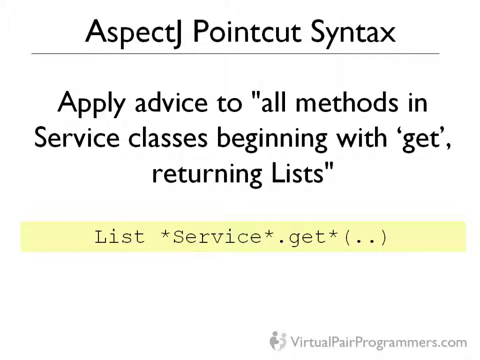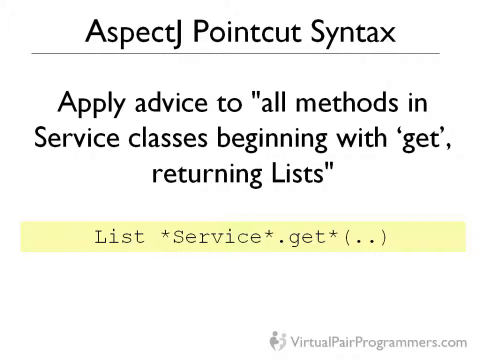So I've made the change here at the front of the point cut where I'm specifying the return type of the matching method. So in this case, if a target method in a service class is a void method or returns an integer, then the advice would not be applied. We're only going to apply the advice to methods that return lists. Now, often, probably most of the time, you don't care what the return type of the target method is.